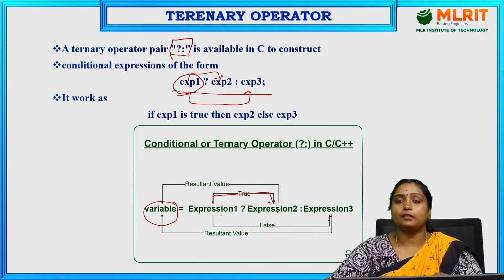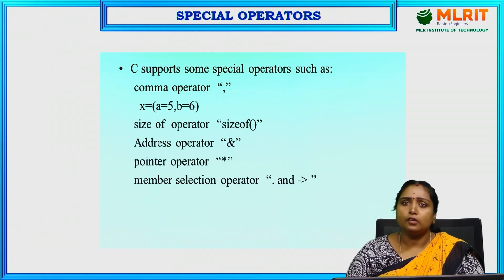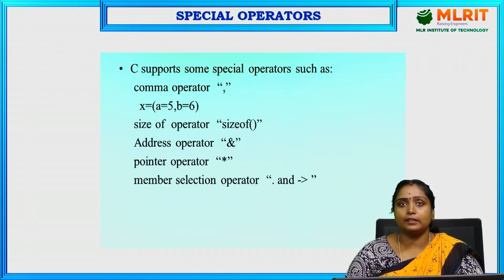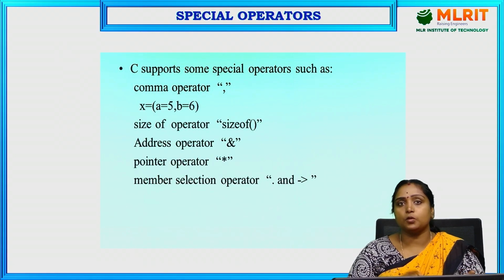Coming to some of the special operators in C, C supports special operators such as the comma operator. We use comma operators in the scanf statement and in printf statements in order to separate the formatted string.